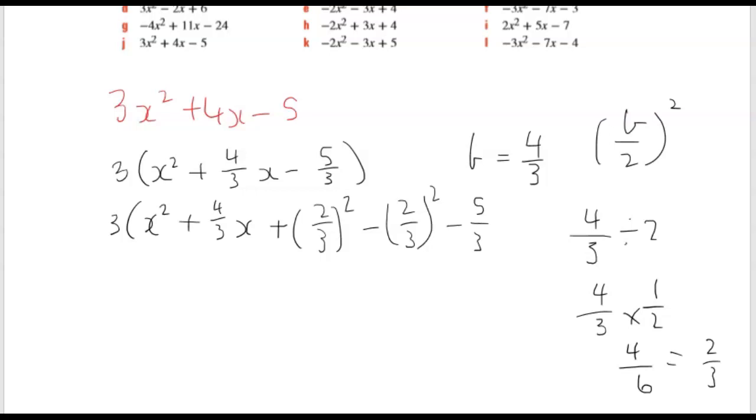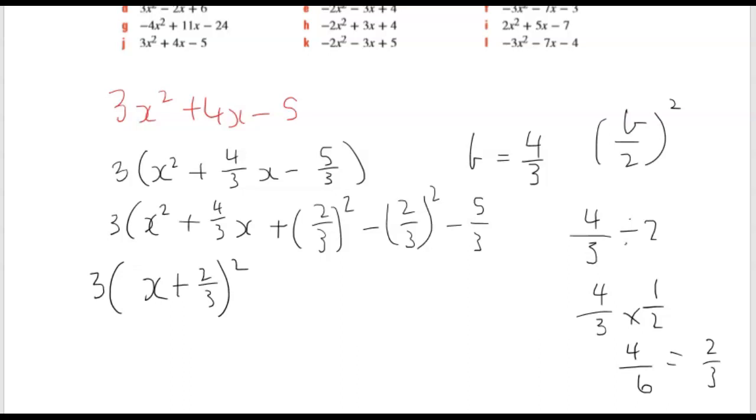Okay, so that middle part is quite tricky. So if you wanted to do it to the side like I did, so you don't get mixed up. All right, so let's keep going. So we can factorize these first 3 terms. So it's just going to be x plus whatever is in that bracket. So it's 2 on 3 squared.